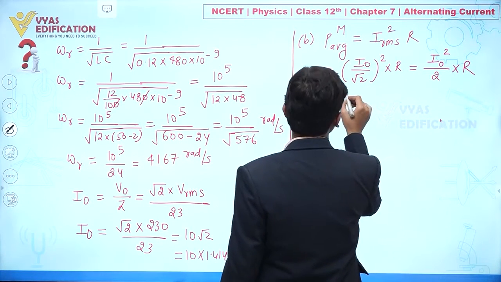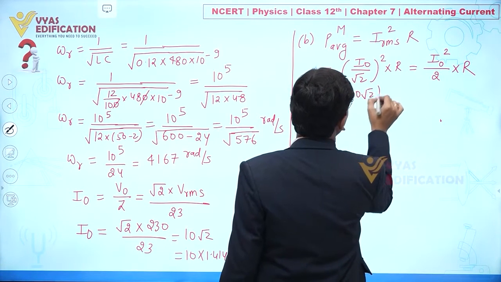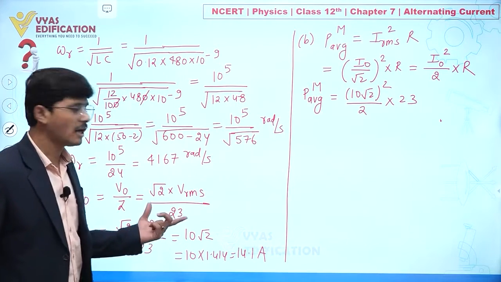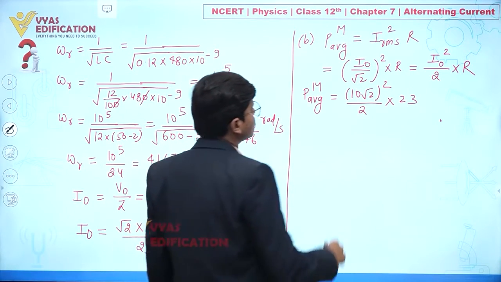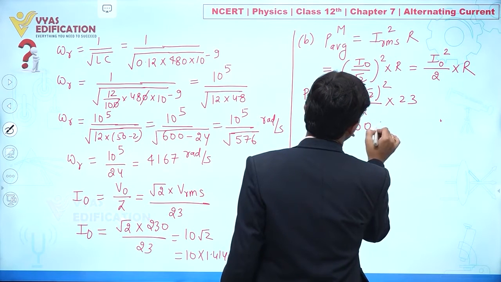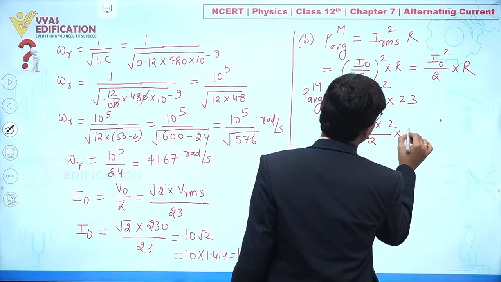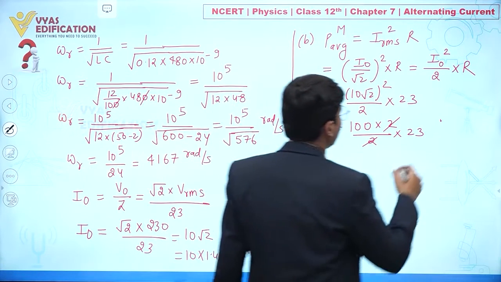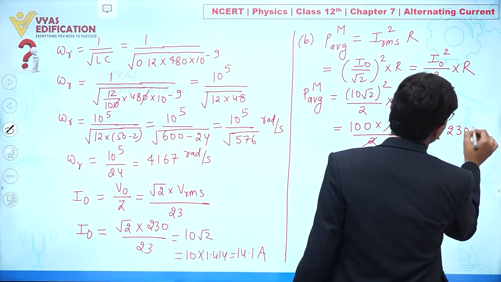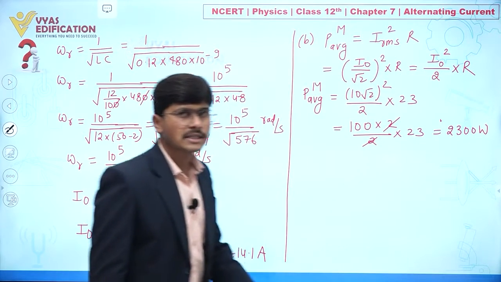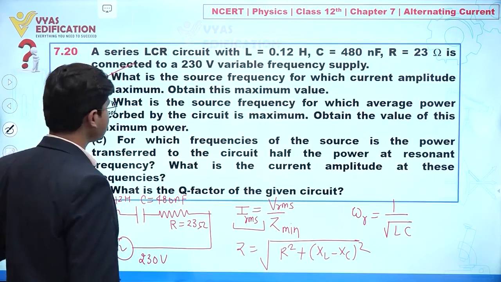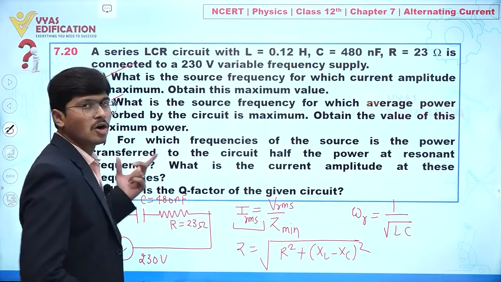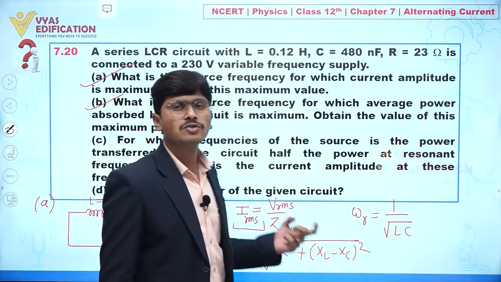So 10 under root 2 whole square divided by 2 and multiplied with 23, because the resistance value is 23 ohm. This is 100 multiplied by 2 divided by 2 into 23, the 2 and 2 cancel out, and this is 2300 watt. So this is the maximum power obtained, and the value we are getting is 2300.